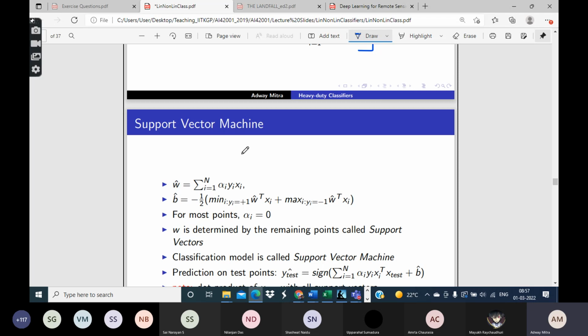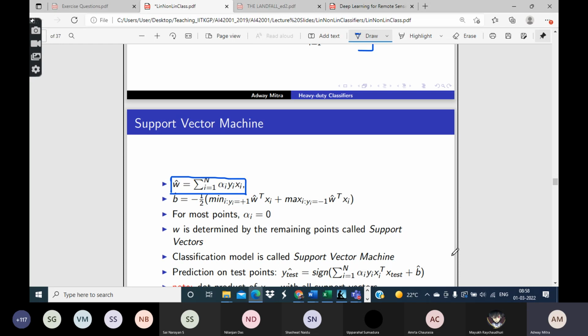And once I get the alphas, since I know that w can be expressed in this form, I can just plug in the values of alphas. Yi, xi I know anyway. Yi are my labels, and xi are the feature vectors. So I just write w in this particular way.